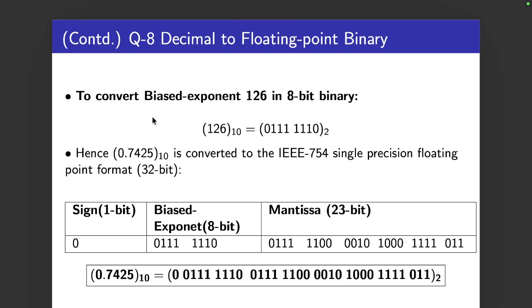Converting the biased exponent to 8-bit binary form gives 0 1 1 1 1 1 1 0.